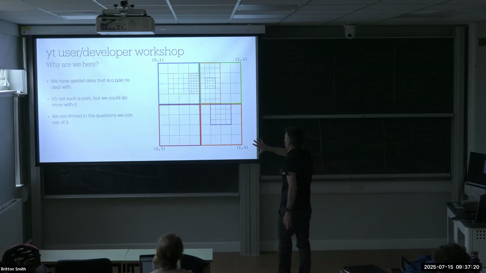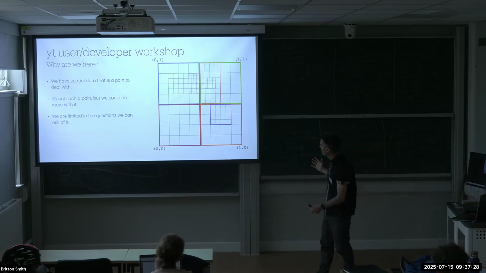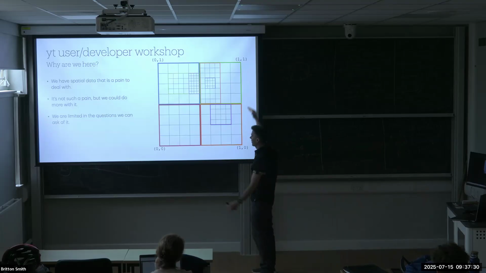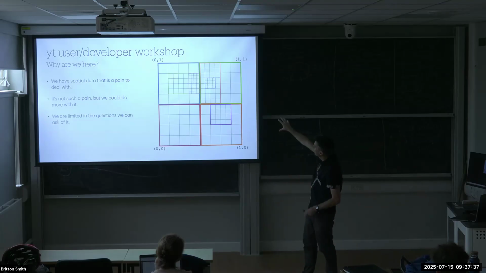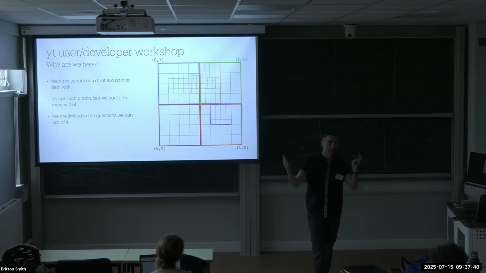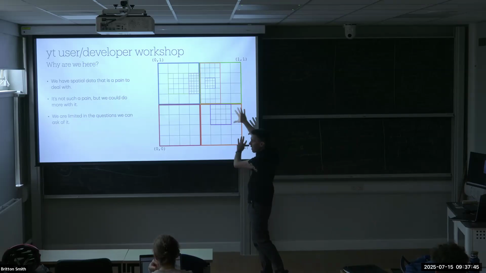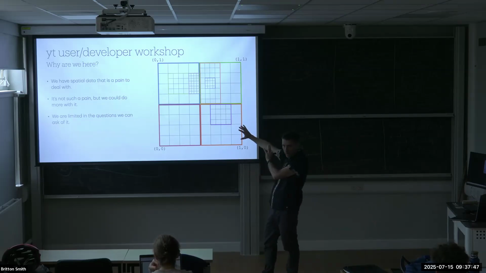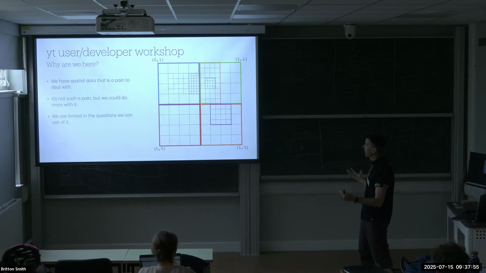This is representative of the type of data that I've made my career on, which is adaptive mesh hydro data, which is this Eulerian mesh that is covering the whole domain at some resolution, and then you have patches that are being created and destroyed at differing resolutions throughout this box as a simulation runs. And a snapshot that you get is a patchwork of these grid meshes covering each other, right? So getting data from this is non-trivial. All of these are located in different files and all of that, right?